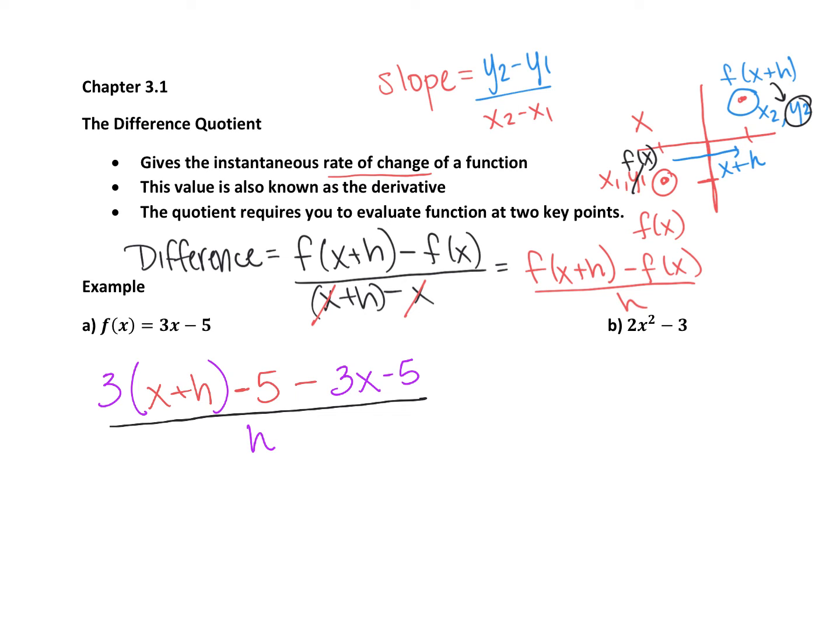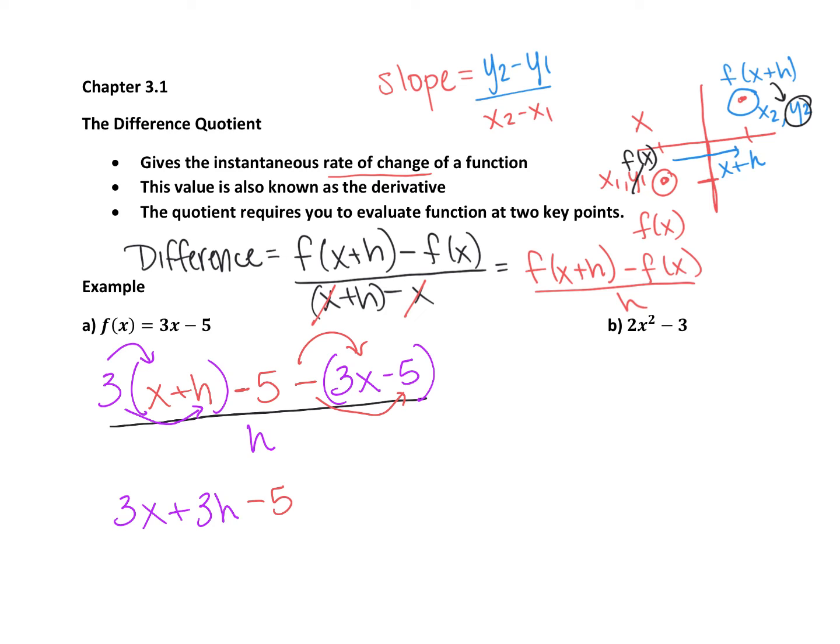Now, notice here you have this 3 sitting in the front, so we'll distribute this 3 here and here. And we get this 3x plus 3h minus 5. And again, I should have put parentheses up here. So we see this. This is the f of x part. And notice you have a negative sitting in front of that. So we'll distribute this and distribute that.